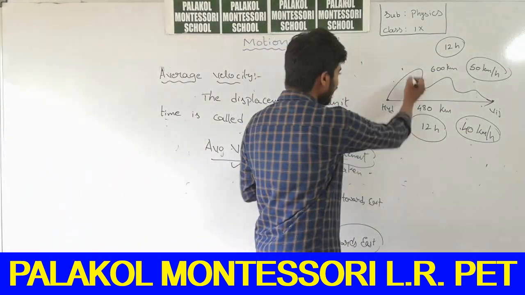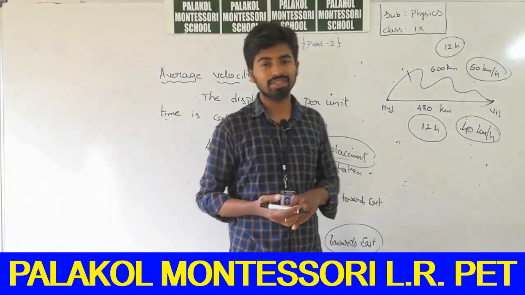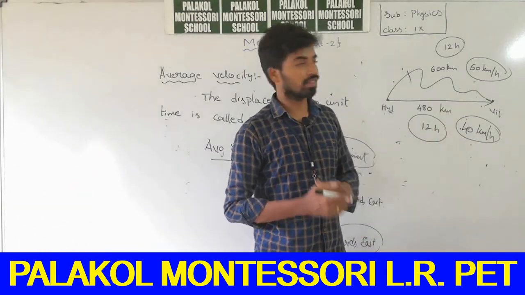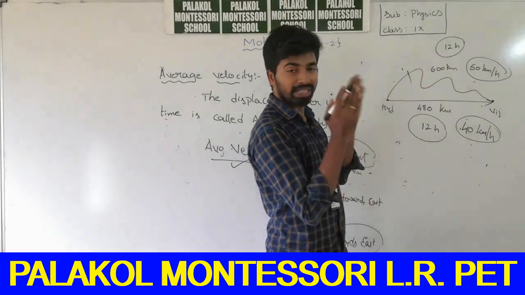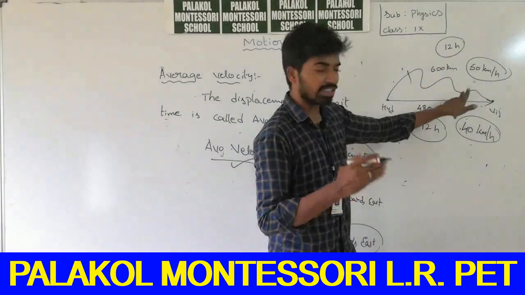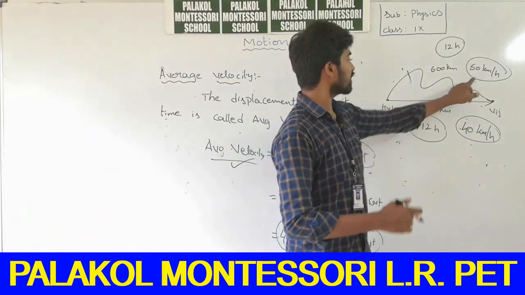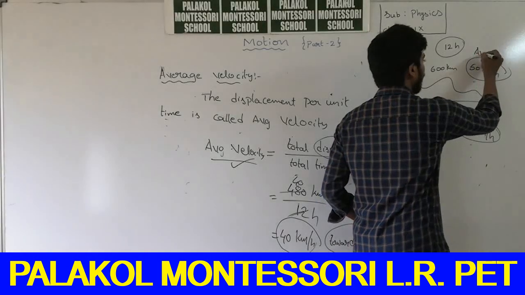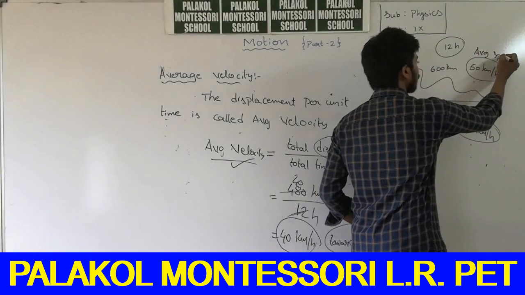But exactly at this position, your speed may not be equal to 50 kilometers per hour. You are travelling with different speeds, but on average, this is the average speed only.